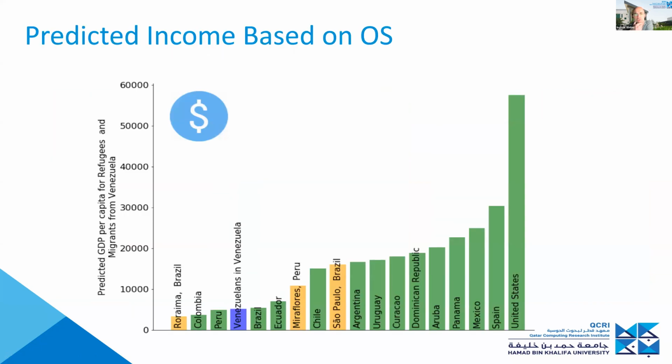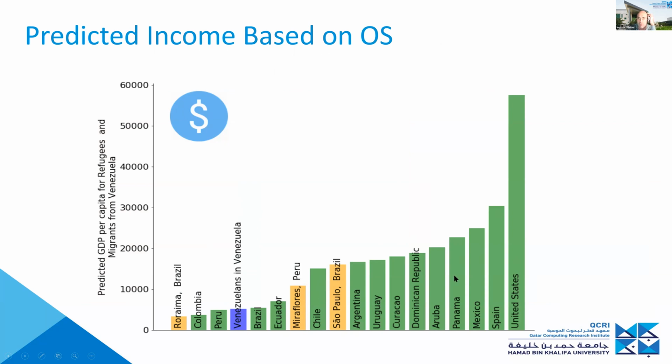Now, going beyond the raw numbers, we can also try to get a sense of the socio-economic situation of people in different host areas. So let me try to explain this bar chart here. Every bar corresponds to a host country, or in some cases to a host region.